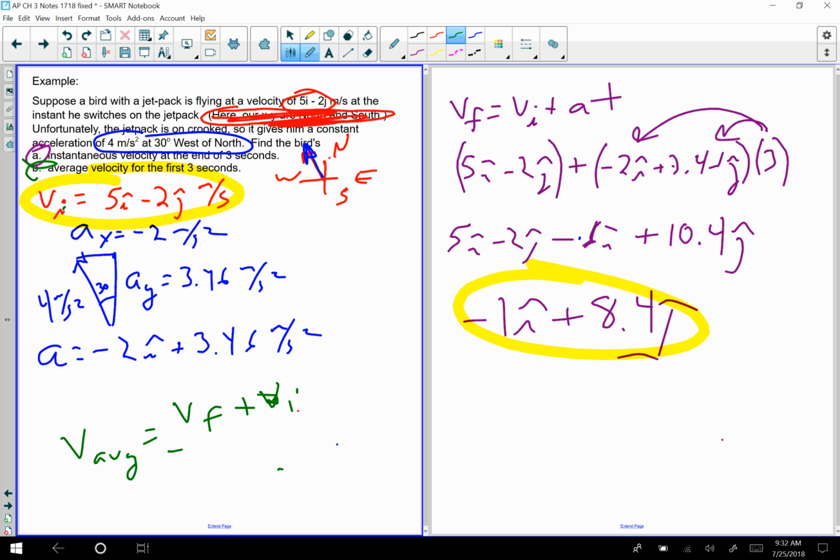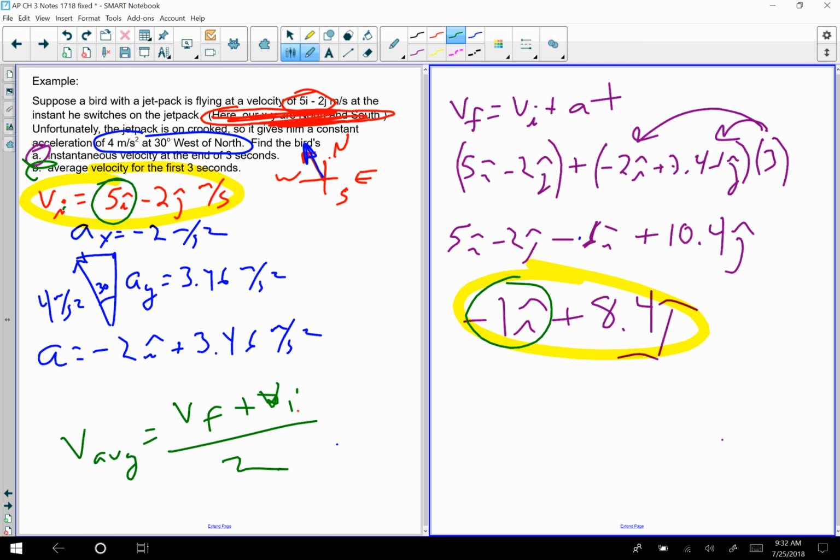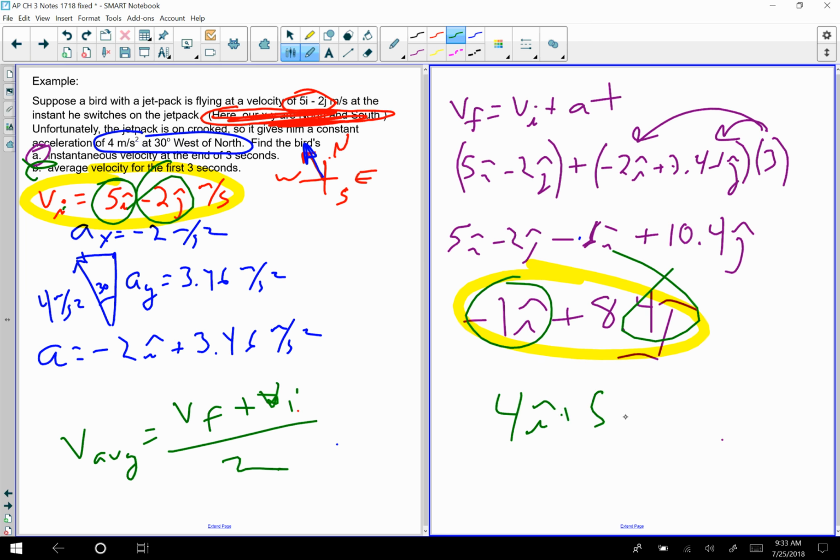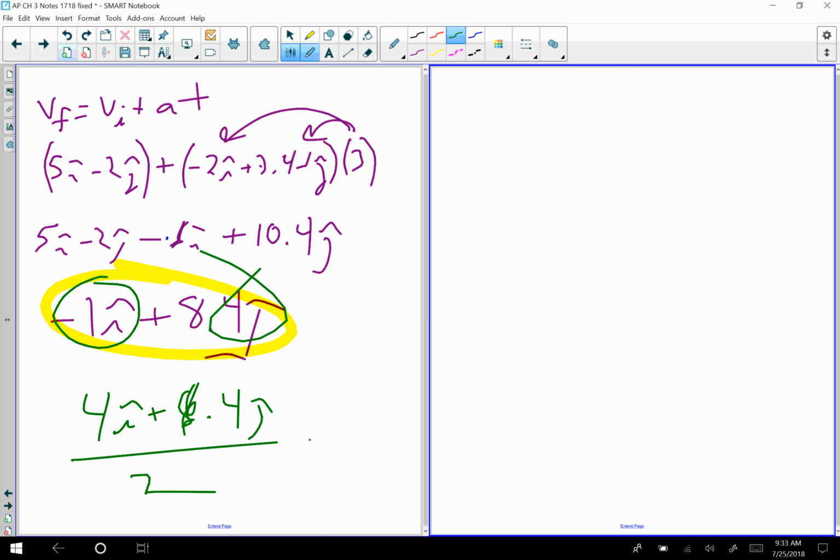So if we add these guys, 5i plus negative 1i gives us 4i. And then negative 2j plus 8.4j is 6.4j. All right, and then divided by 2. Okay? And so you get 2i plus 3.2j.